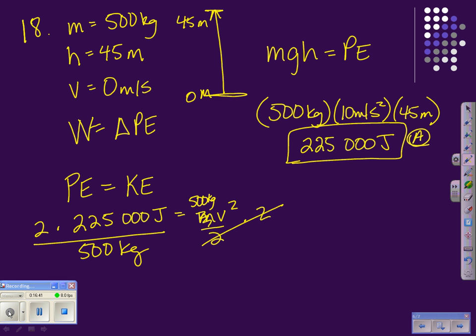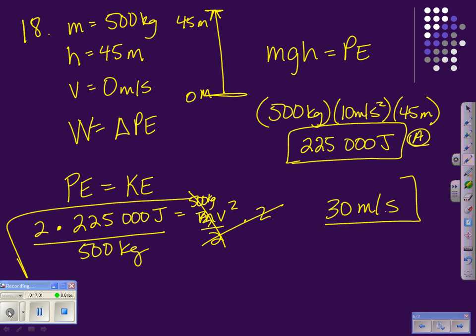And now we're going to take the square root. So we take 2 times 225,000 divided by 500, then square root it. When you do that, you should get an answer of 30 meters per second. And that's your answer for B.